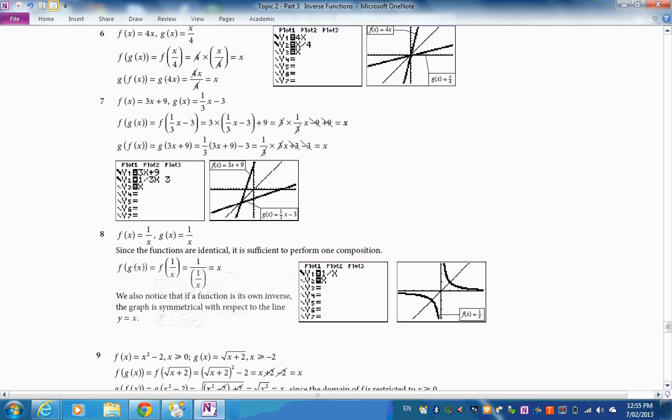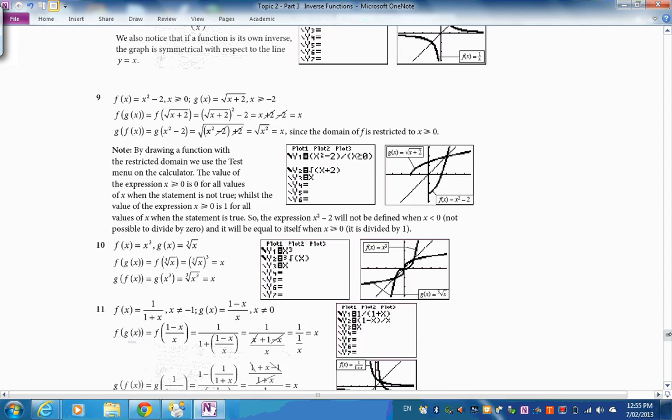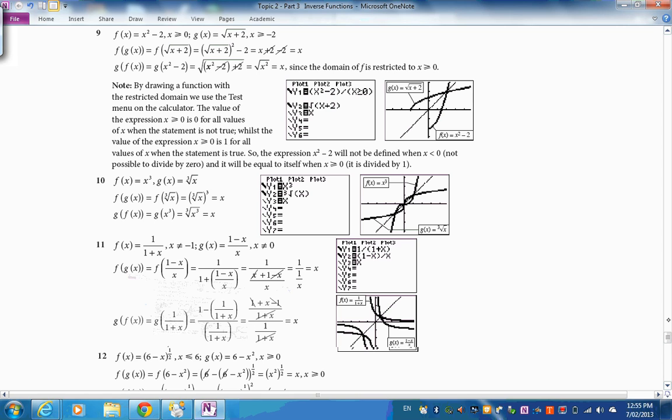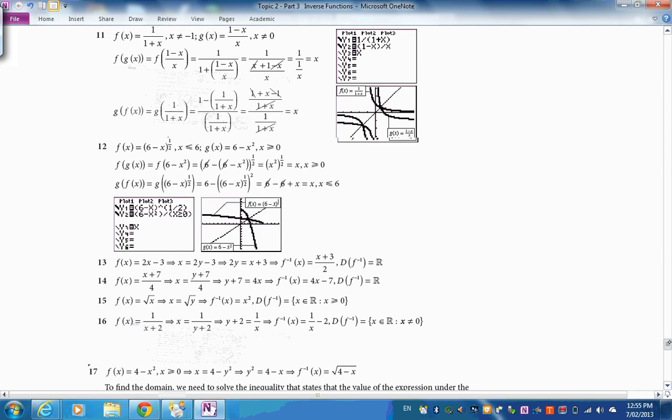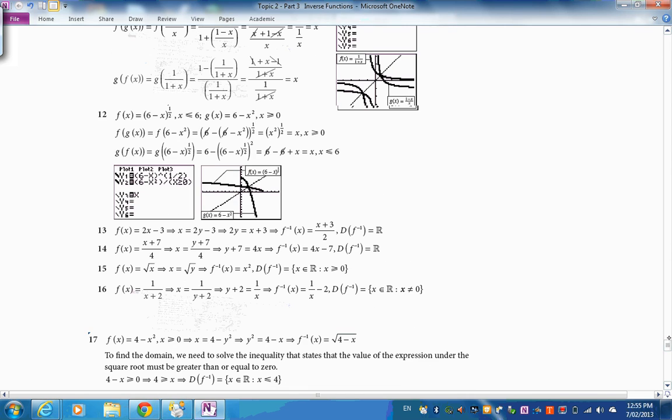The graphs are going to be the same on the calculator, just the input into graph mode on the Casio is a little bit different. Let's just pop down here, down to the bottom of 11, just give you a chance to pause it at the appropriate spot, and then 12 to 16, have a look at those.